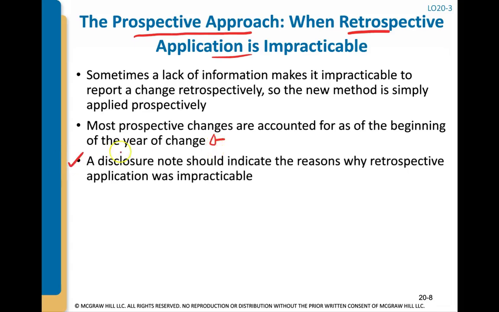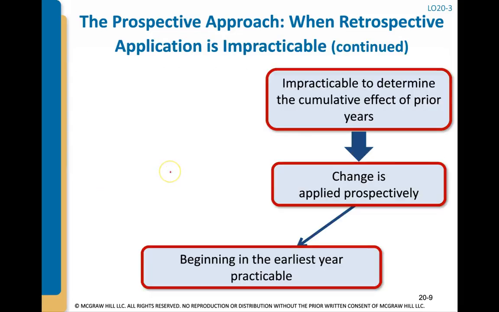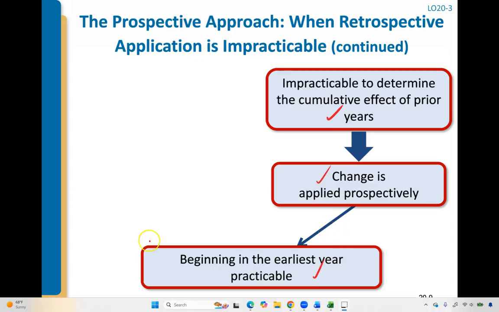And you also need a disclosure note to indicate the reasons why a retrospective application was not practical. So if it's impractical to determine, then you apply the prospective approach in the earliest year that it is practical to calculate that change.